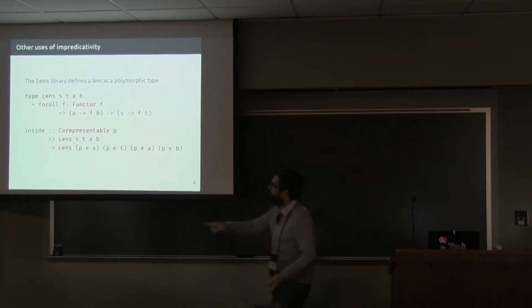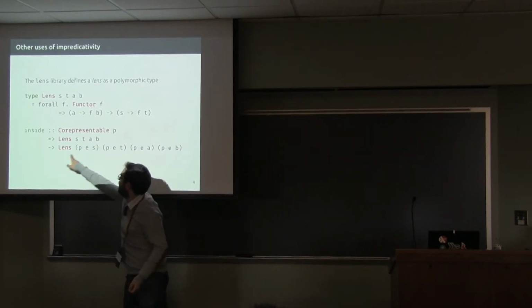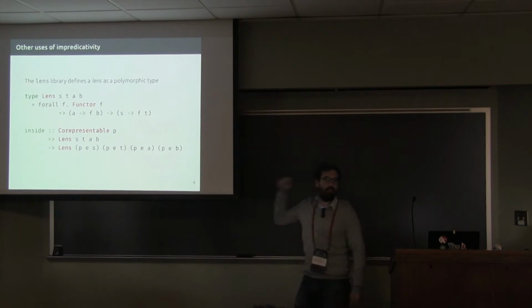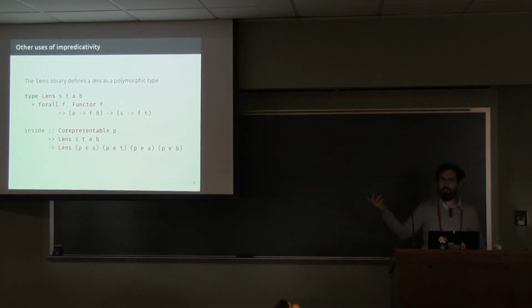Again, what is important is that if you expand lens and lens, you will get a forall and a forall. So you really want all these foralls to be able to be manipulated in the compiler, because they are useful in certain things.